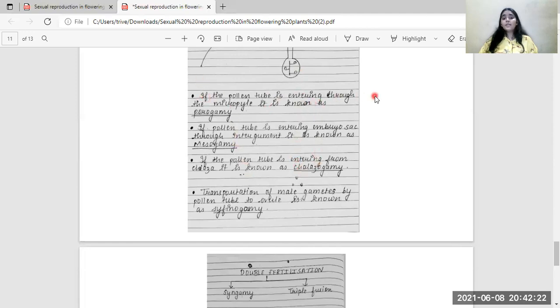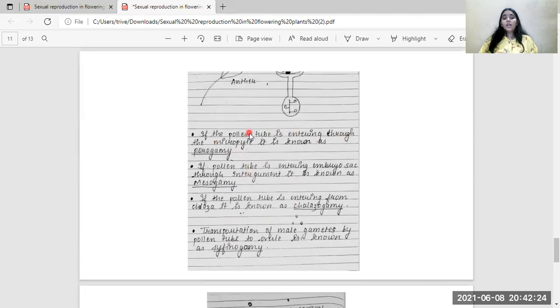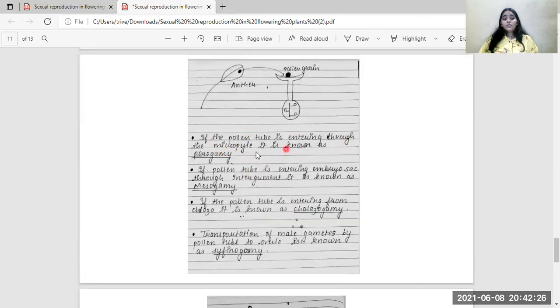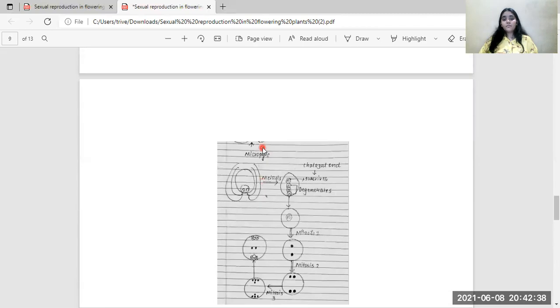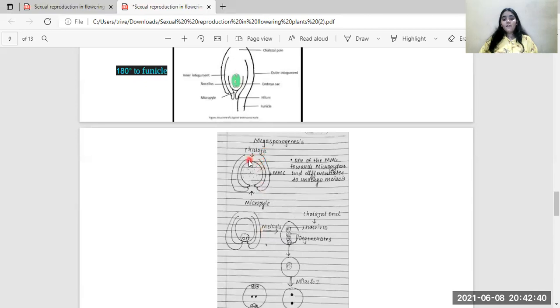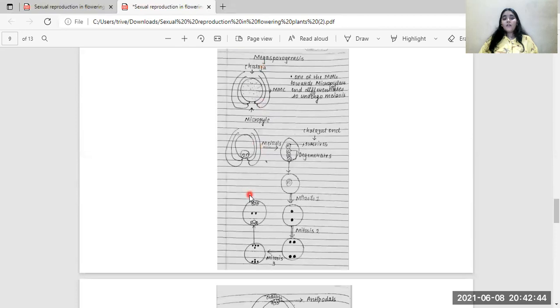If the pollen tube enters through the micropyle, it is known as porogamy.